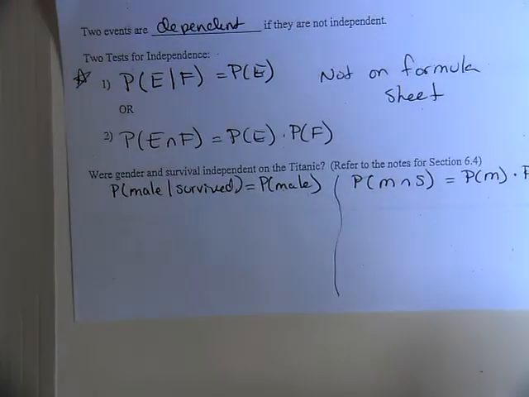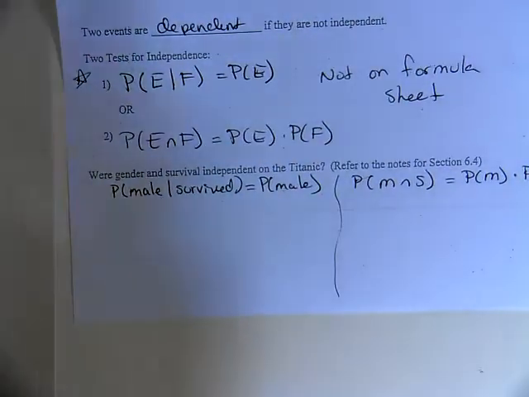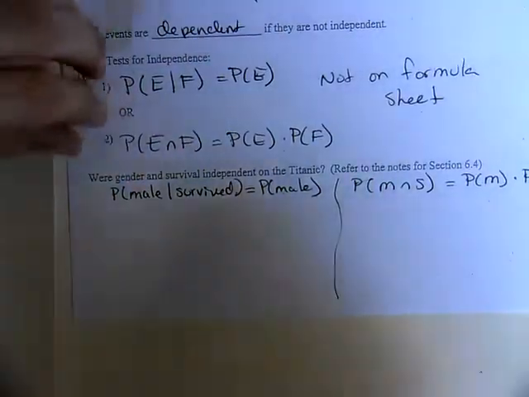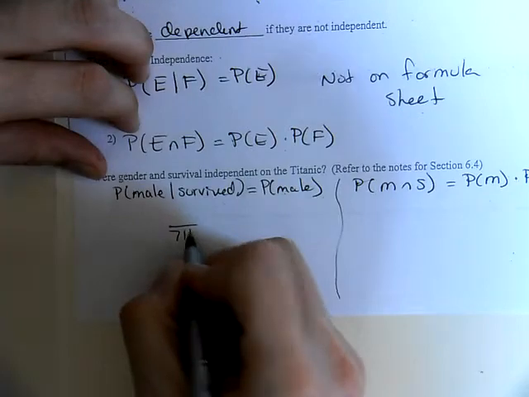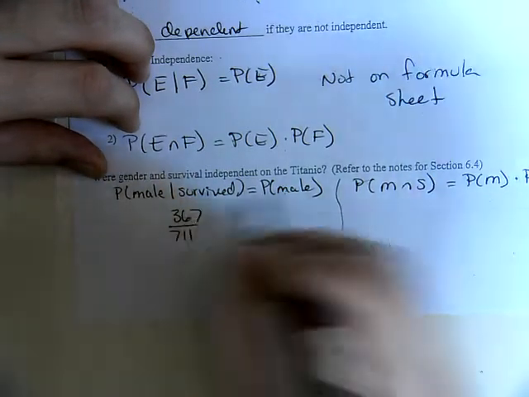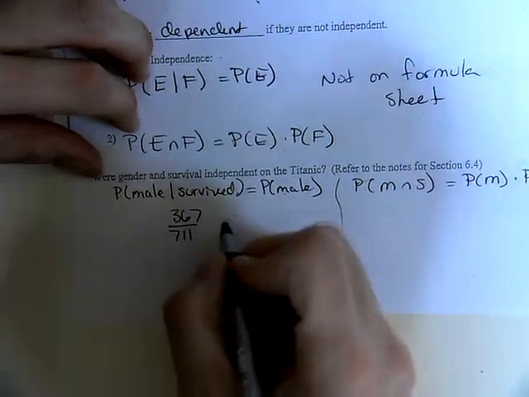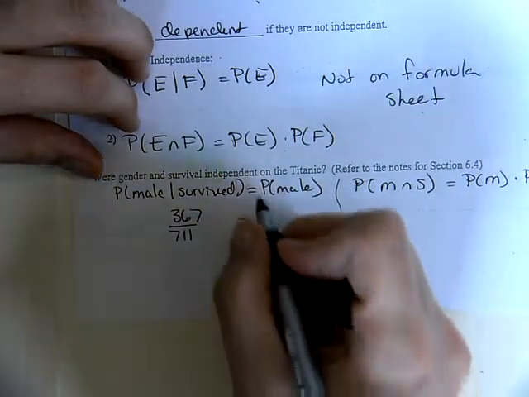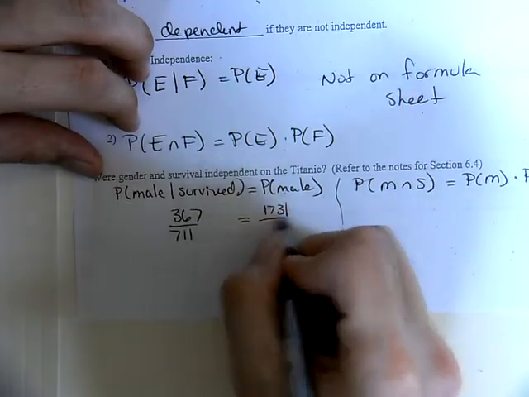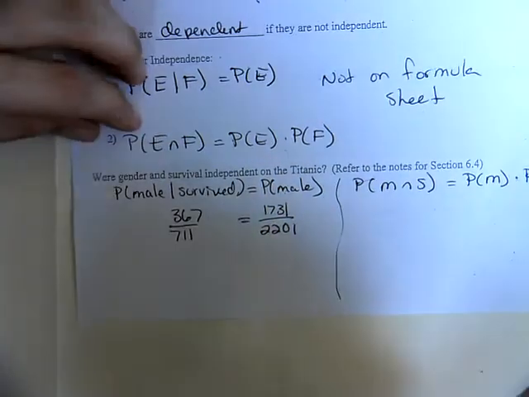So if I go back to my notes from 6-4, male survived. There were 711 people that survived. Of those that were male, that's 367. How many males total? There was 1,731 males total out of 2,201.